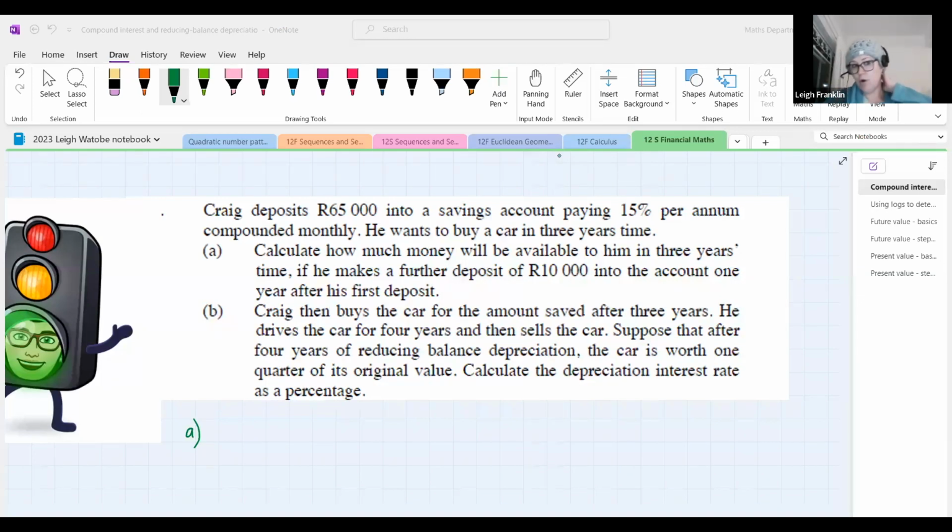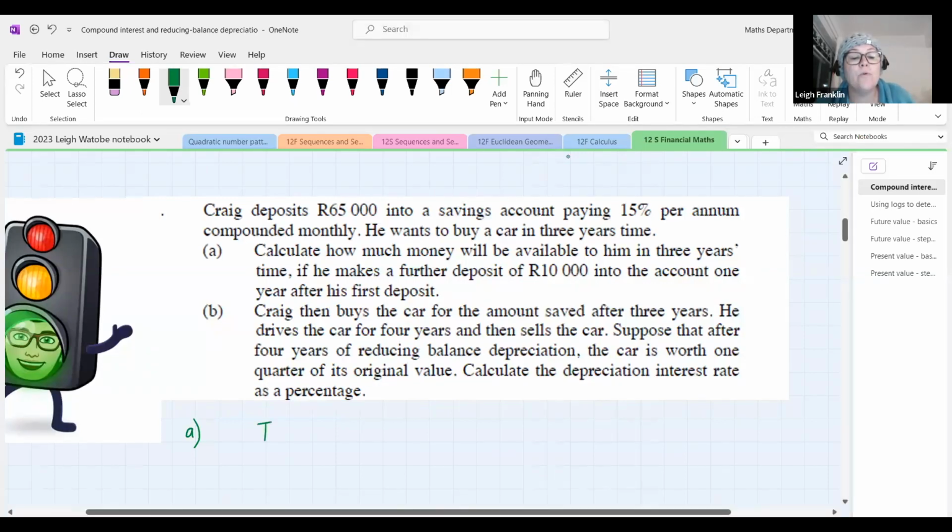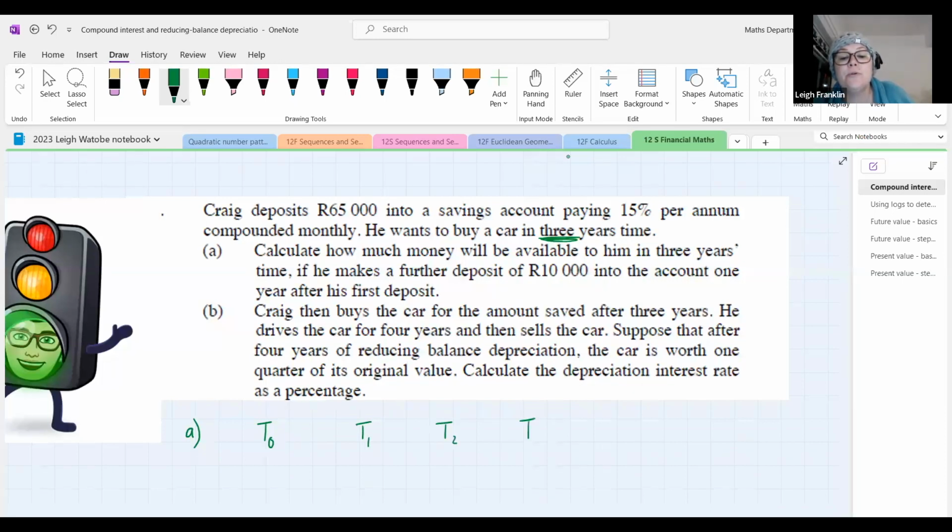Okay, so in part A, how many years is this going on for? It tells us he wants to buy a car in 3 years' time. So we have T0, T1, T2, T3.